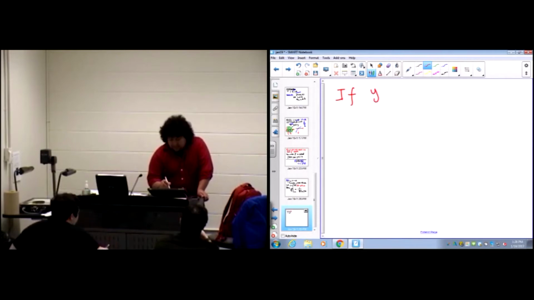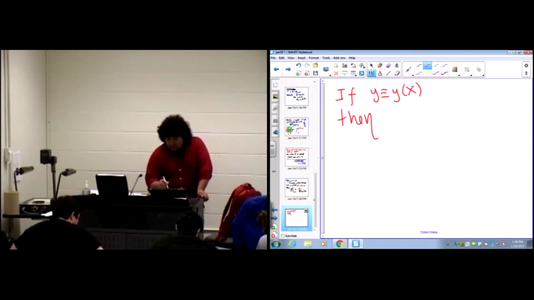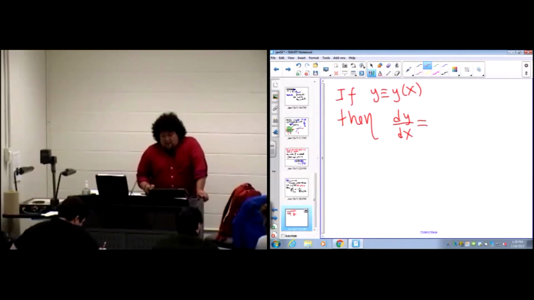So, in other words, an application of this theorem: if y is a function of x, then the derivative of y with respect to x is 1 over the derivative of x with respect to y.